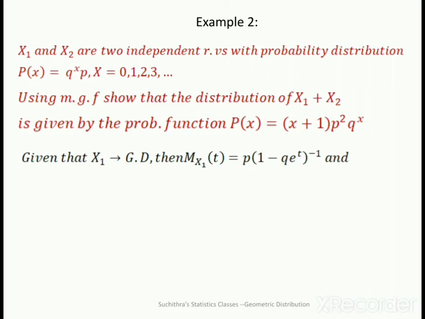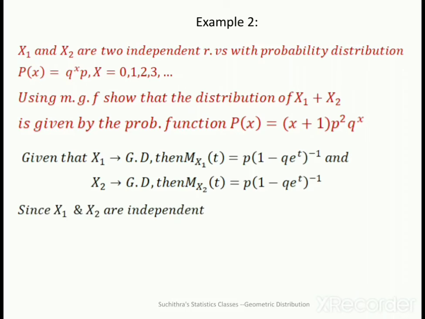Given that X1 follows geometric distribution, then M_X1(t) is p(1 - q e^t)^(-1), and X2 follows geometric distribution, then M_X2(t) is equal to p(1 - q e^t)^(-1). Since X1 and X2 are independent, by the property of moment generating function, we can write M_(X1+X2)(t) is equal to M_X1(t) into M_X2(t).